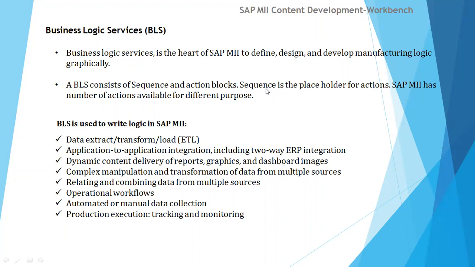So a sequence is always a placeholder for your action. SAP MII has a number of actions available for different purposes, taking different types of input and giving you an output.